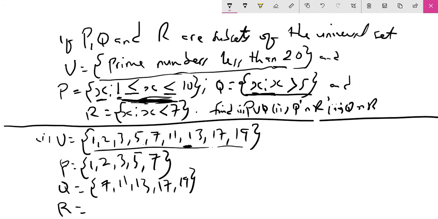And now we have R. R is the set of all values of x such that x is less than 7. So again, we write out all elements in the universal set less than 7. And that's straightforward: 2, 3, and 5. So these are the elements.